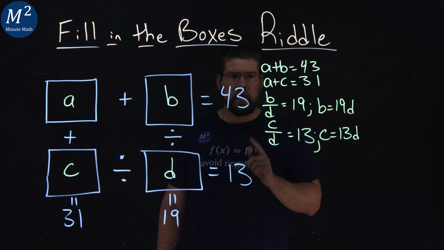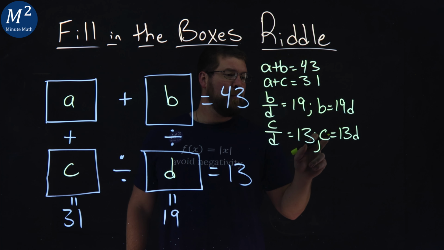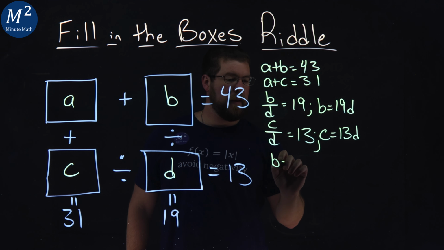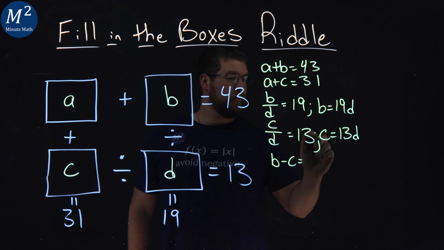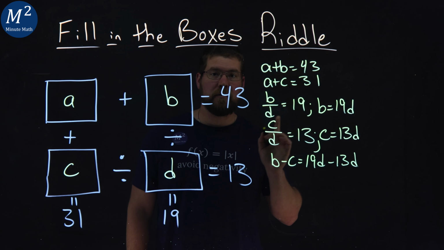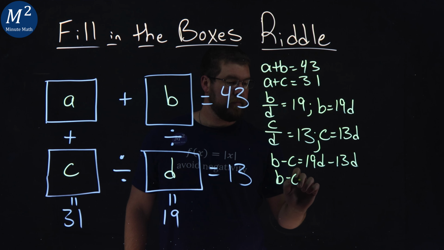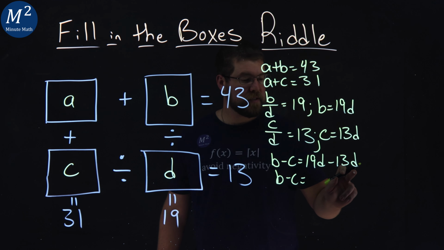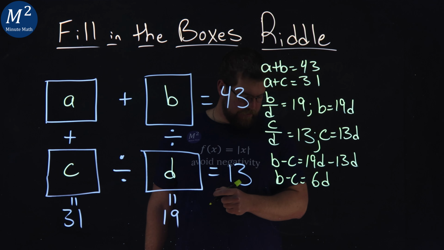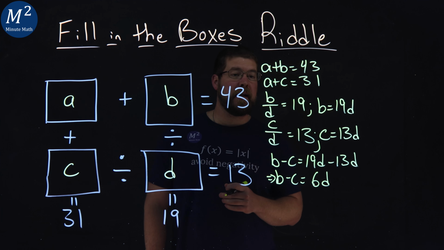Right there. All right, so now what is B minus C? B minus C is equivalent to 19D minus 13D, which gives us 6D. All right, so we have a little extra equation here that can help us.